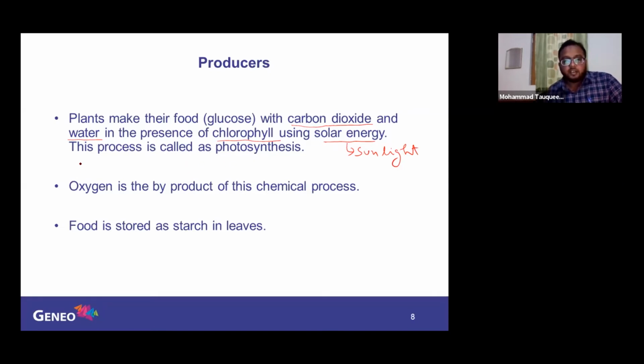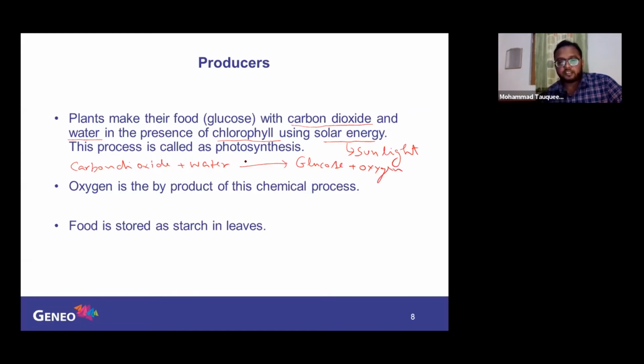Like, carbon dioxide plus water forms glucose, and oxygen is also released here.